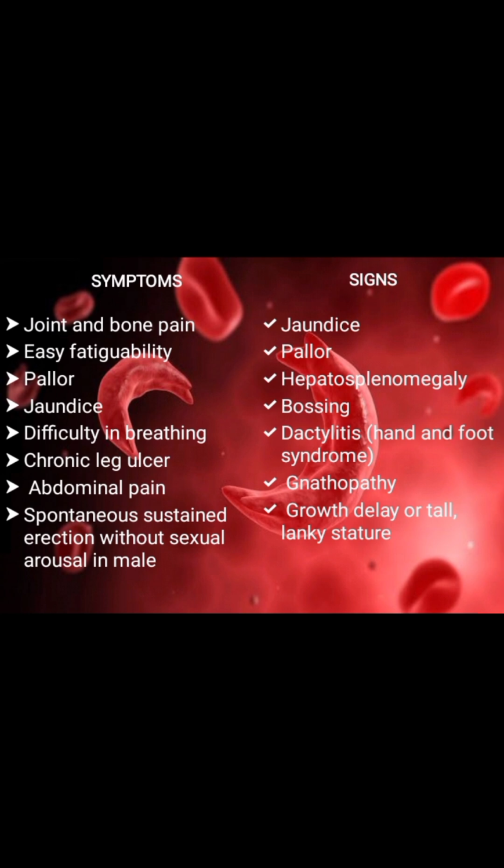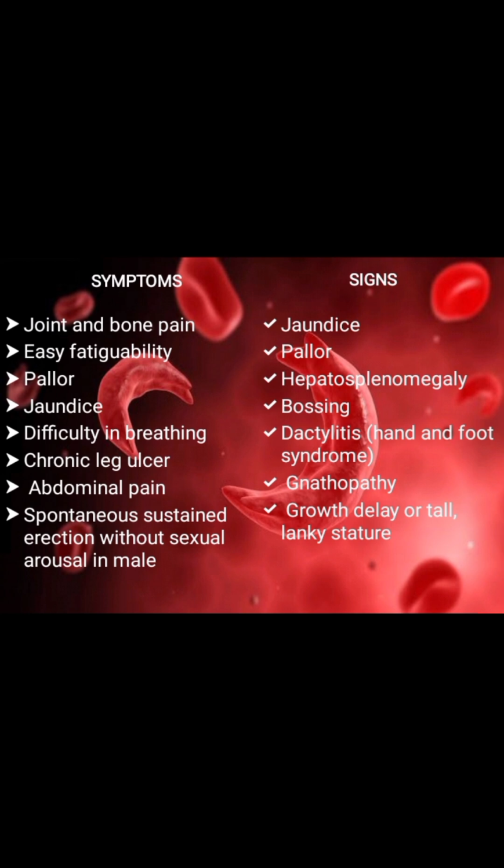Now for the signs, we have jaundice, pallor, and the pallor we all know is a result of the continuous hemolysis. So there will be instances of anemia, therefore they will show pallor. We have hepatosplenomegaly. We have frontal bossing, so you see that their frontal bone will be protruded.